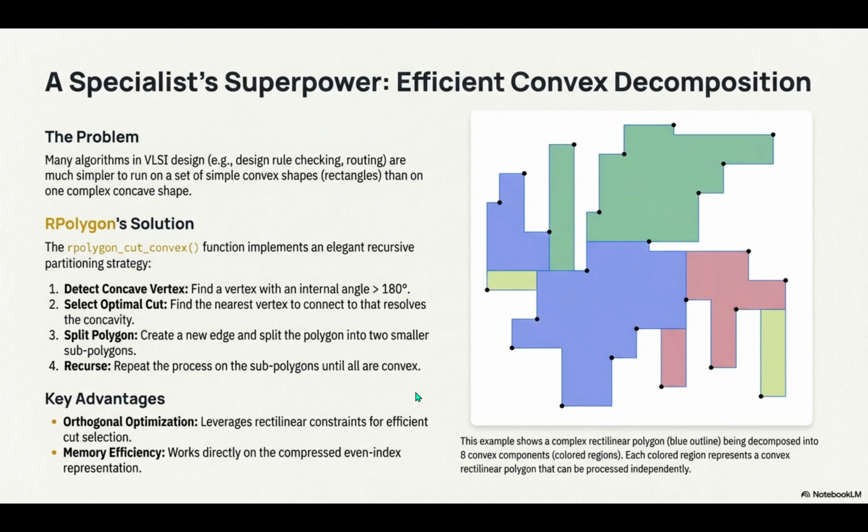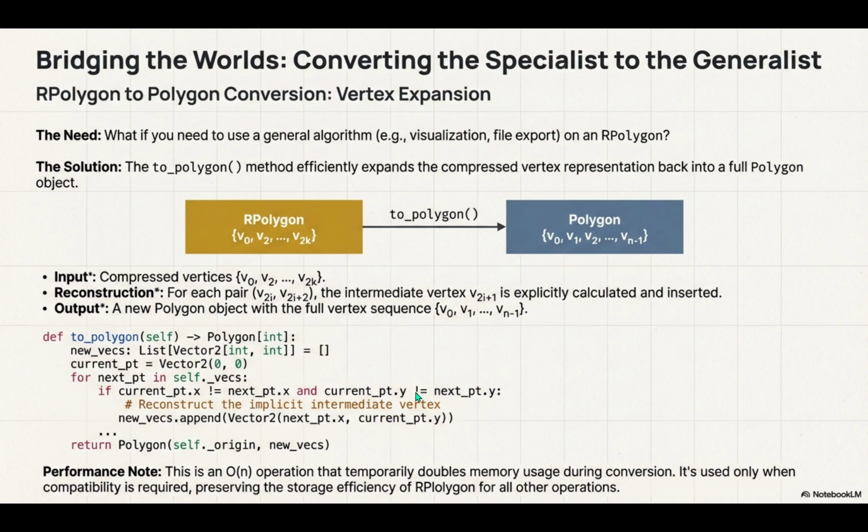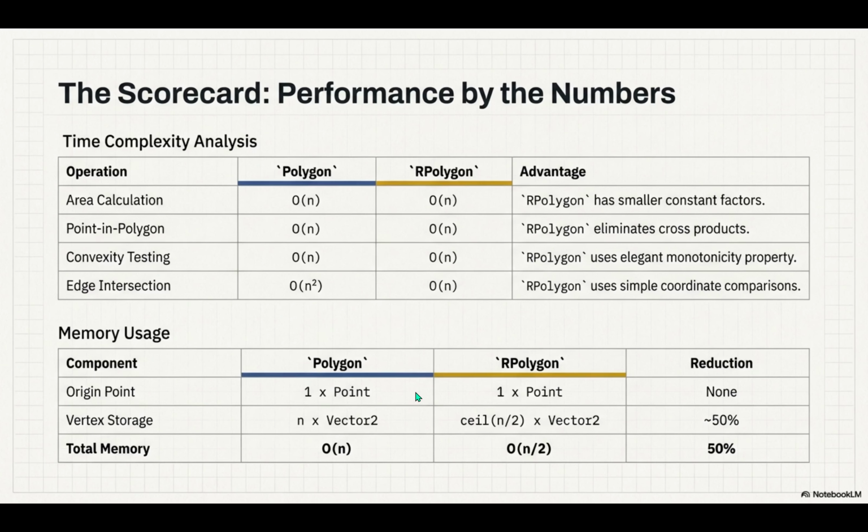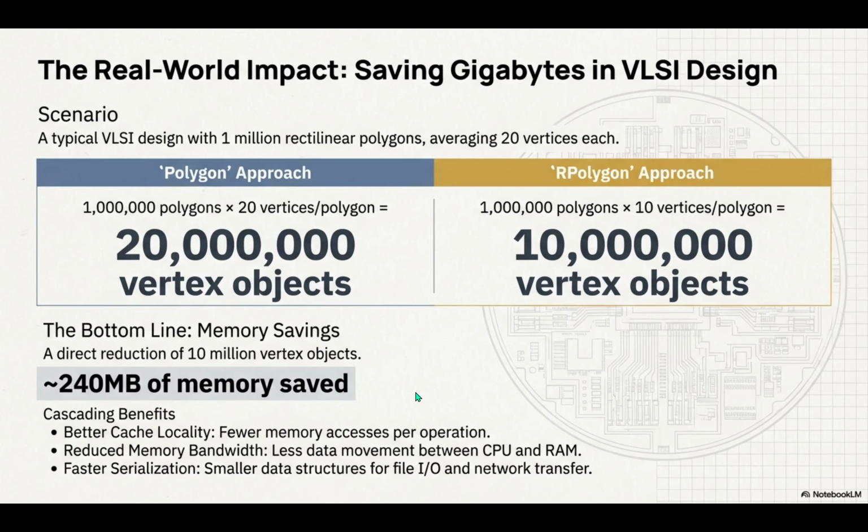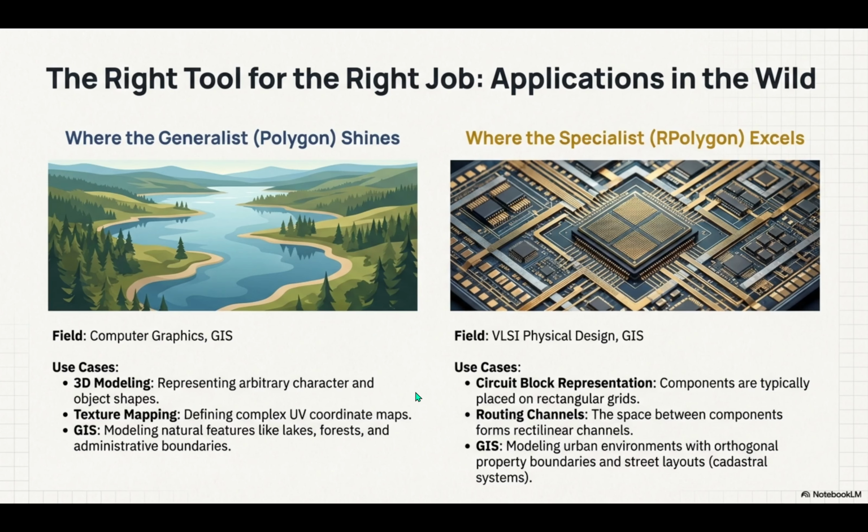So when we look back at this whole tale of two polygons, the ultimate lesson isn't just about efficiency. No, it's about the philosophy of engineering. The generalist polygon is this massive container of possibilities, but it's burdened by the need to handle the absolute worst-case scenario. The R polygon trades away that potential flexibility for huge, huge gains. It's the perfect illustration of application-driven design.